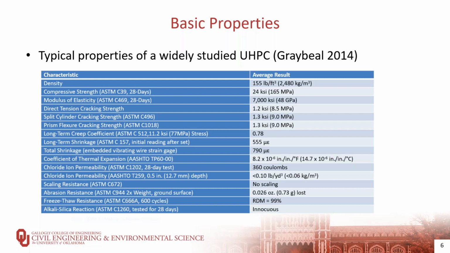It has a higher modulus of elasticity because of the higher compressive strength of about 7,000 KSI. You can see the tension strength measured using various methods of higher than 1 KSI. And then the other properties including shrinkage, creep, low chloride ion permeability, and high freeze-thaw resistance, even with 600 cycles.